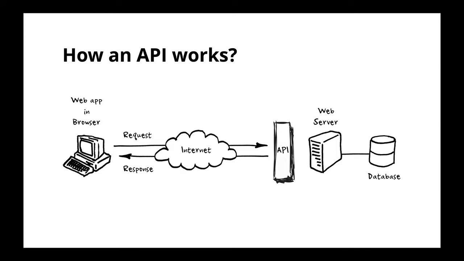So in this screen, what you are looking at is a sample structure of how the API works. API has a client and a database. The software platform in which this client and database talk to each other is called the API, which is Application Programming Interface.